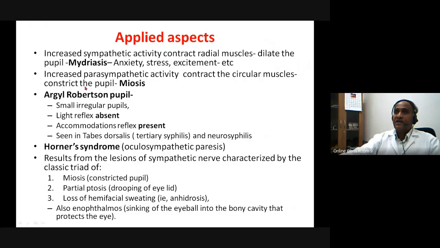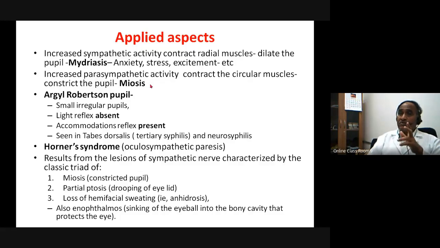Mydriasis. Increased parasympathetic activity will contract the circular muscles. Both of them contract the muscles. Here it is the radial muscles that pull, that makes the dilatation. Here it is the circular muscles that constrict, that would produce the miosis, the increased parasympathetic activity miosis. So to block this miotic action, if you go to the ophthalmology ward, they will use drops having atropine or atropine agonists.